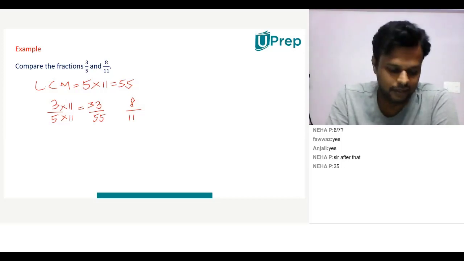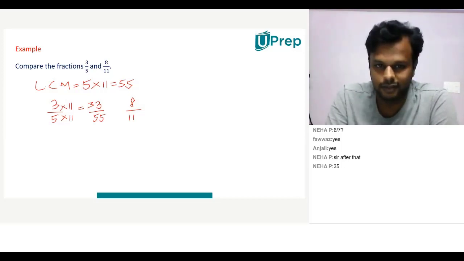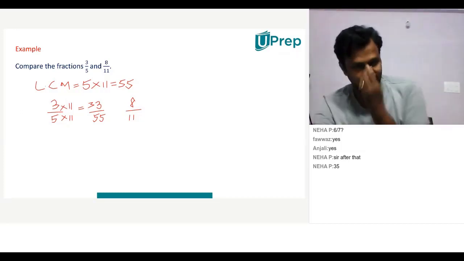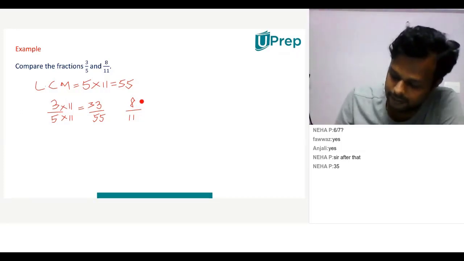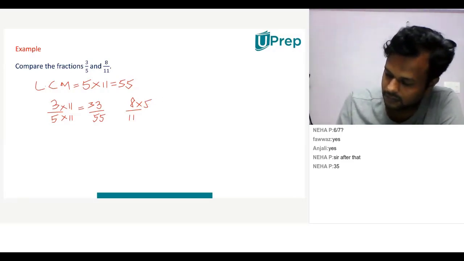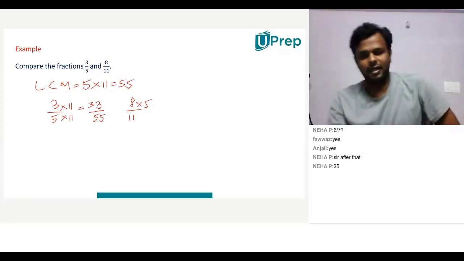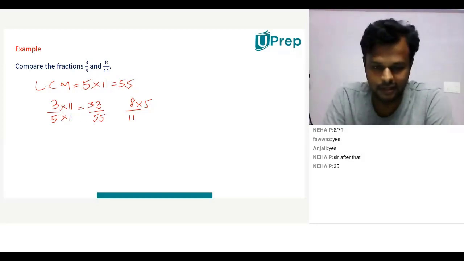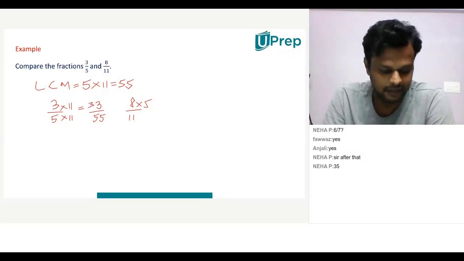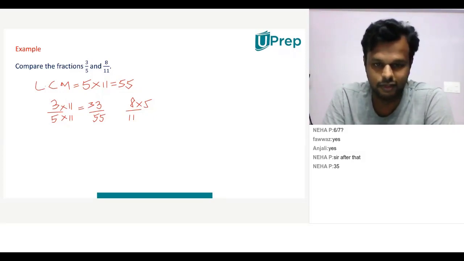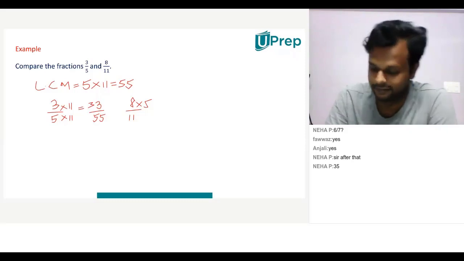So children, what is the number I need to multiply here in the numerator and denominator to get the denominator? Very good. So the answer is actually 8 by 11 is greater than 3 by 5. Neha, I request you to type the answers in the chat box, please. I'll be seeing the chat box as well. So do not worry. Please type the answers in the chat box.